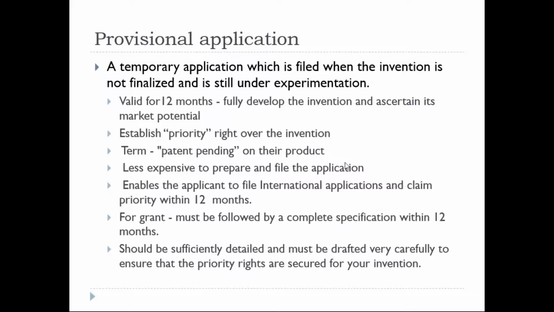It doesn't have the option of publication. Please understand this. Don't think if you are filing a provisional application it gets published. No, it won't, right? So these things we should be very clear about by assessing these parameters, right? So this is all about provisional filing.